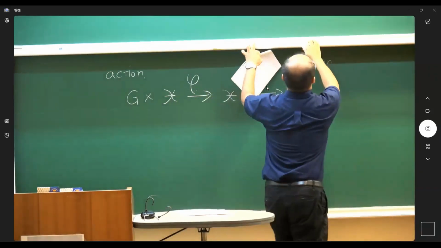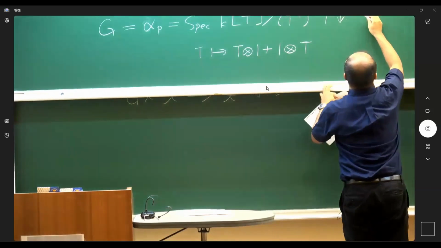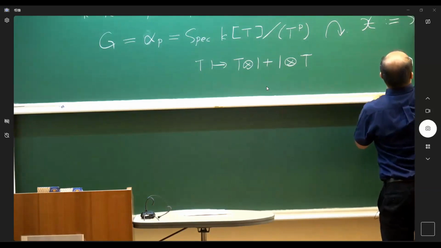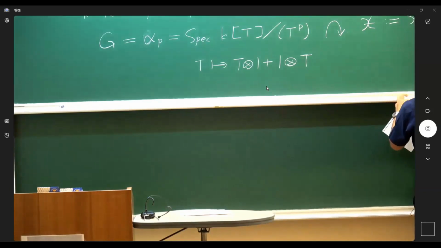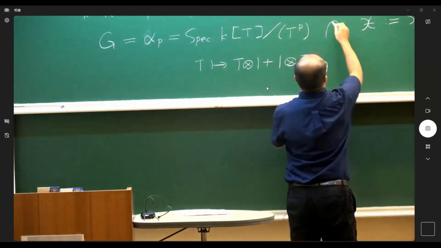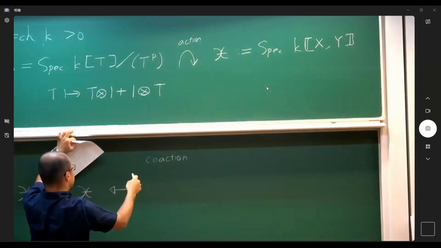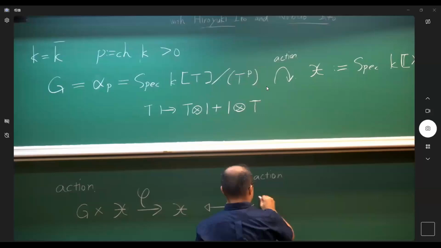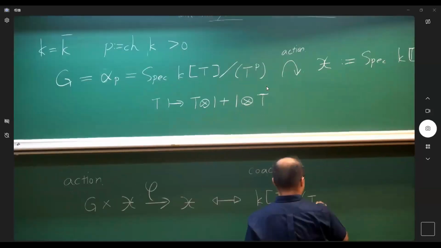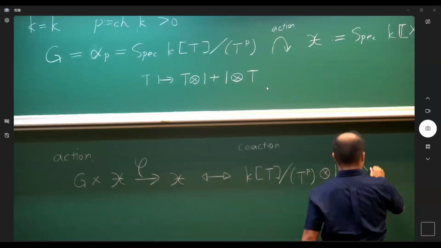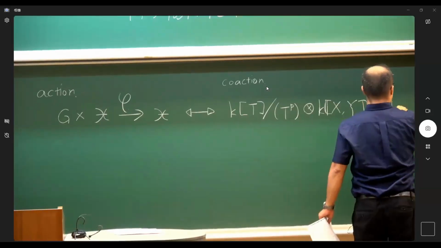We consider the special case of a local surface setting, local two-dimensional, Spec of a ring A, and this action is given over this base field. Then the coaction is given in a very explicit way.